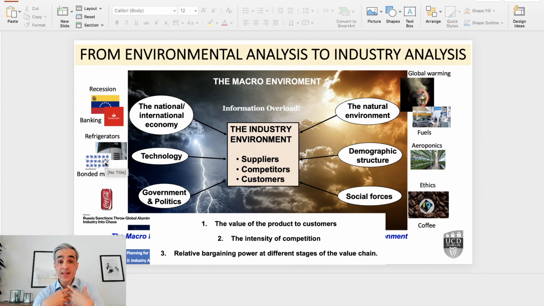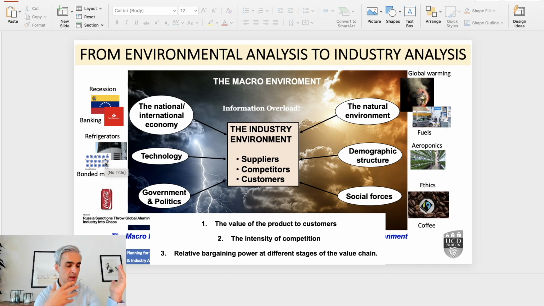So again, at the bottom of this slide, I have the three elements you need to take into account when you are trying to determine the profit you can actually make in an industry, okay? So I'm keeping it here just to make sense of what I'm going to say next. If you look at the first one, it's about the customers. We were talking about that in topic 2.